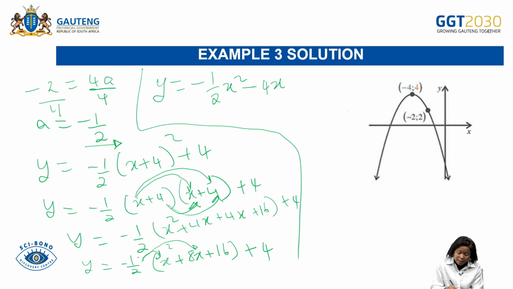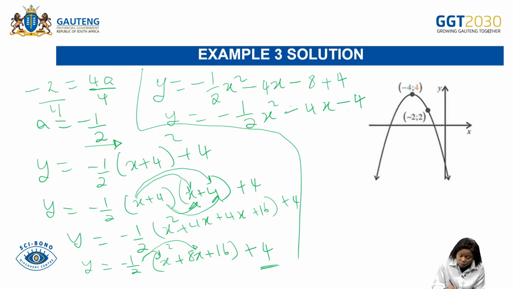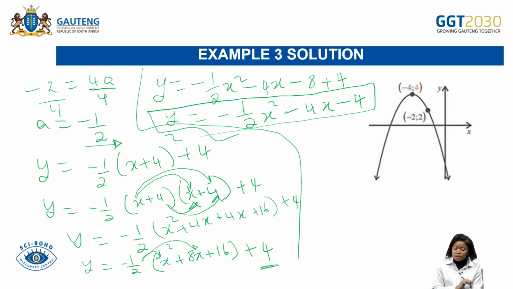Then if I multiply negative 1 over 2 with 16, I'll get negative 8, plus the 4 you still have. So you'll have y equals negative 1 over 2 x squared minus 4x minus 8 plus 4, which gives minus 4. And that's your graph. Then you get your full marks.